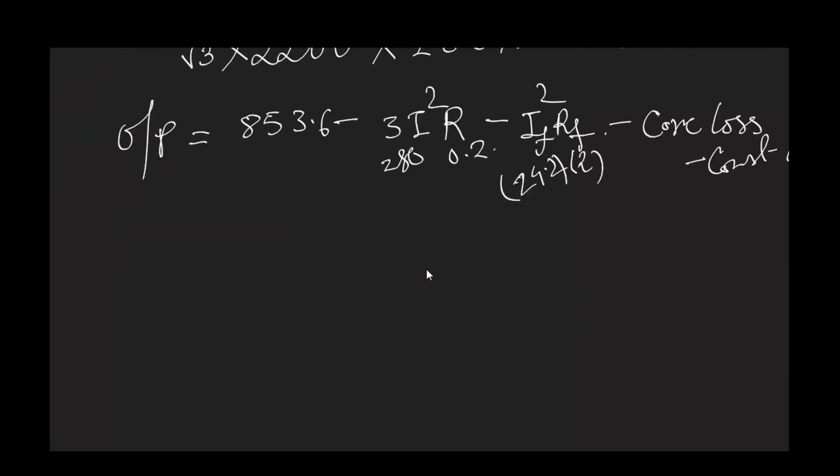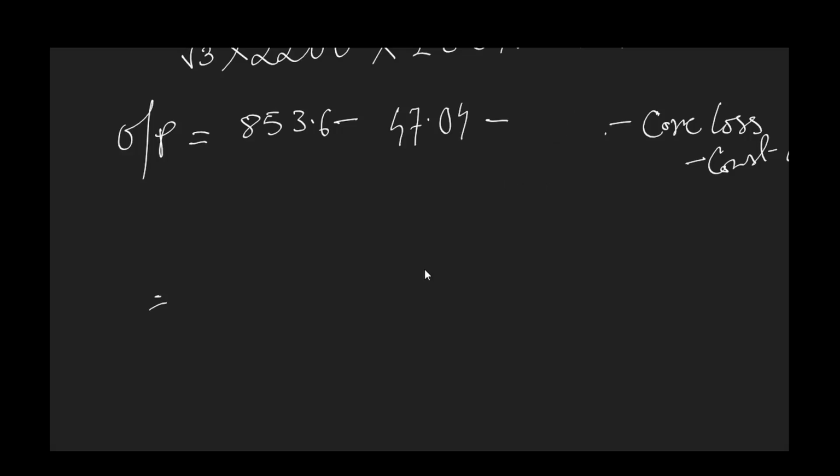So for this 8.5 we need to consider, and the calculation will be something like this. The output, let me write the value, 3I square R, will be coming nearly 47.04 kilowatt. This If square Rf will become 1.17 kilowatt.